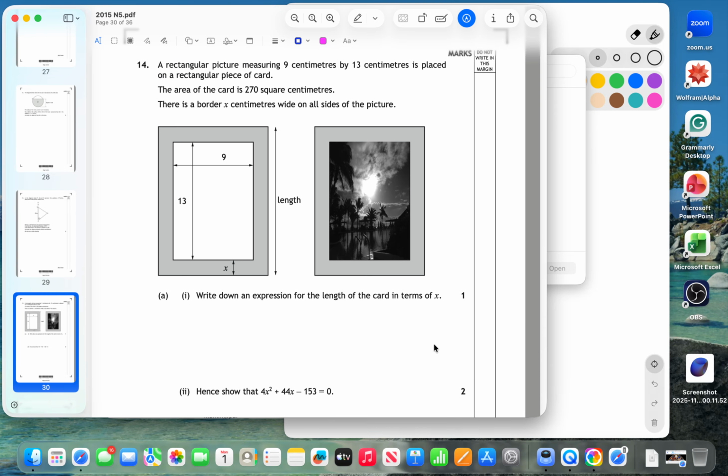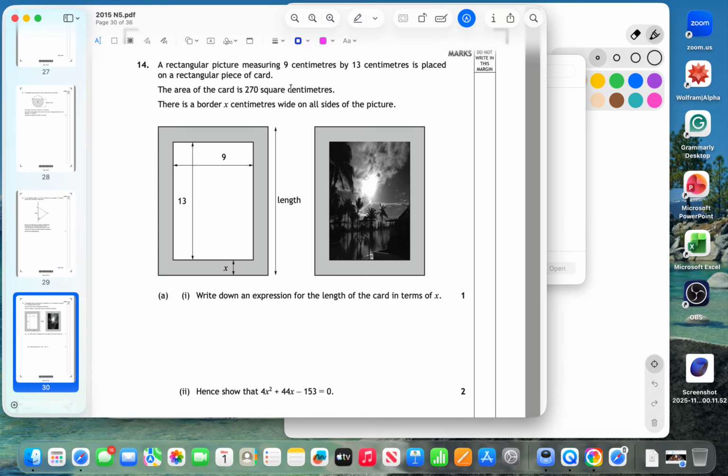Now, in this question, it's the 2015 Paper 2 question 14. I'll let you pause the video and have a go at it if you want. I'm going to do 14a in this video and 14b in the next video.